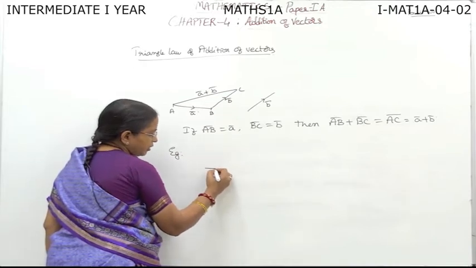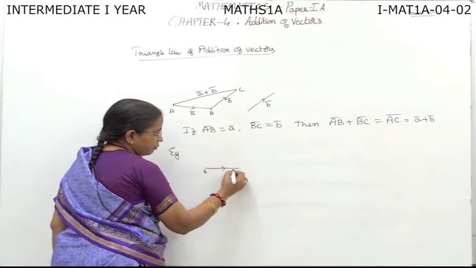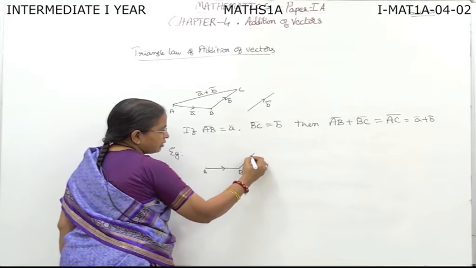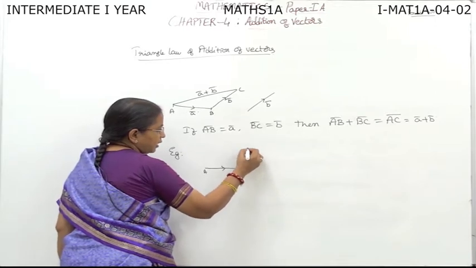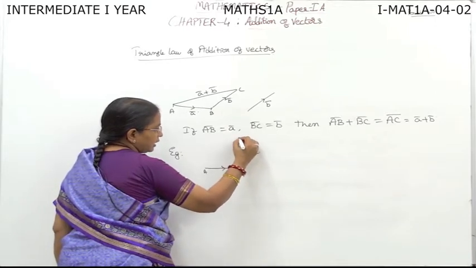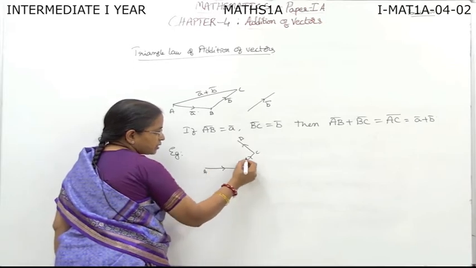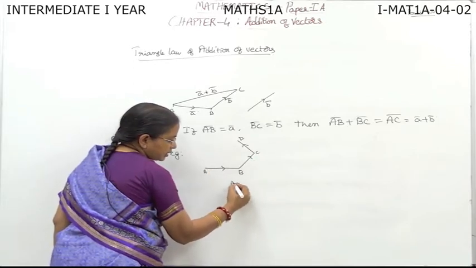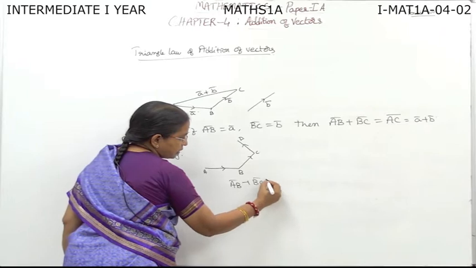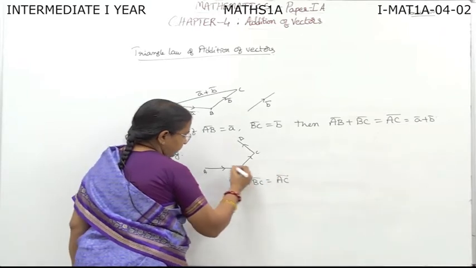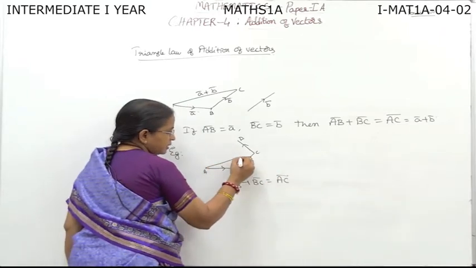Suppose I have a vector AB, another vector BC, and another vector CD. AB plus BC is AC.